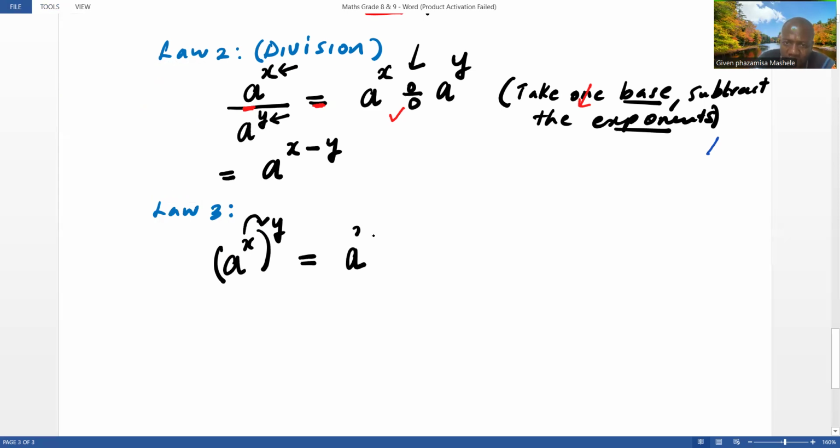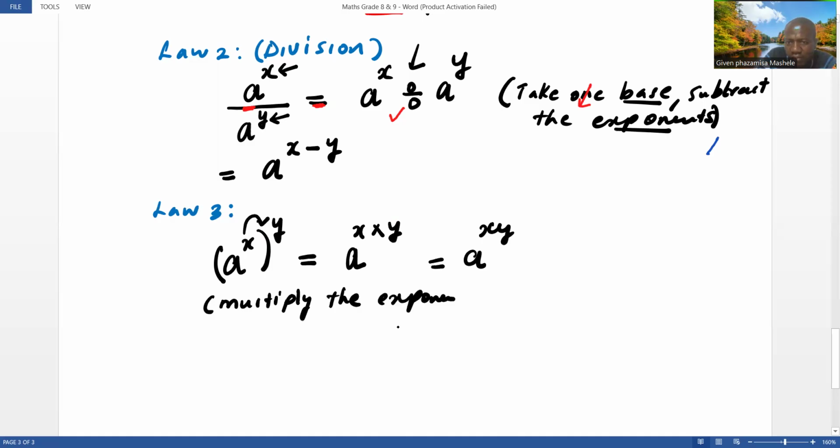So this will be just a to the power of x times y. Because the base is the same, but you have multiple exponents, you just take the base and multiply the exponents.